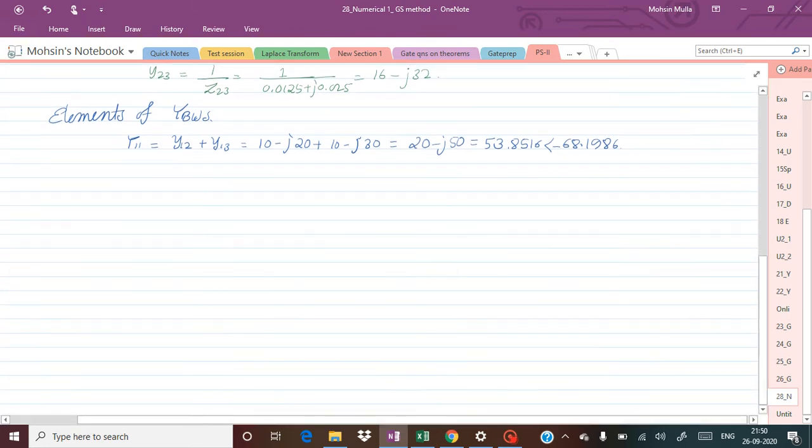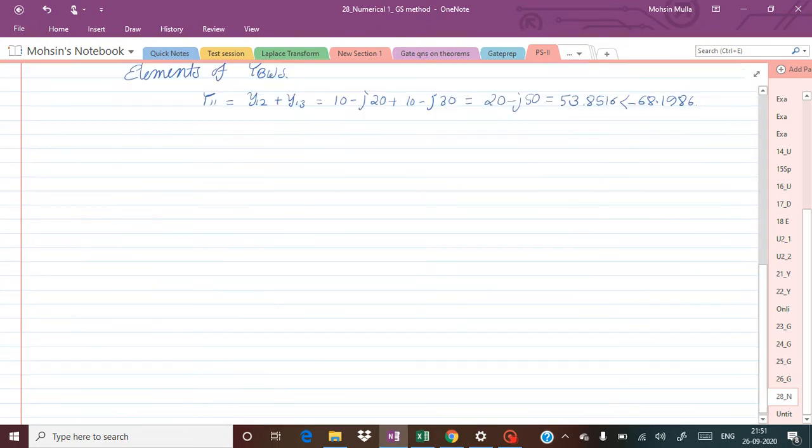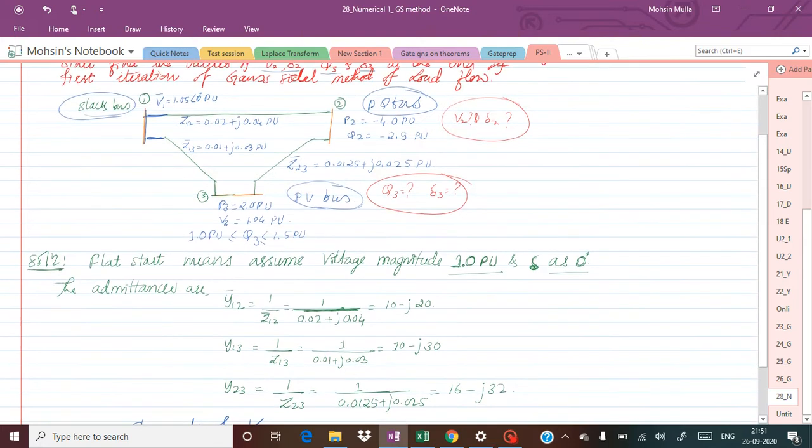Next diagonal element is Y22, obtained in the same way. Whichever lines are connected to bus 2, those transmission line admittances we need to add, so y12 and y23, because for the second bus, 1-2 is connected and 2-3 is connected.